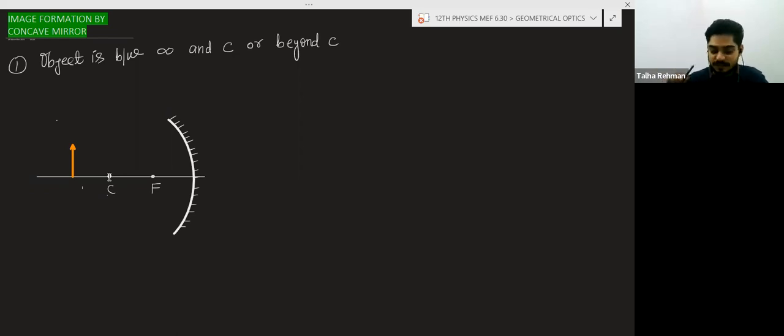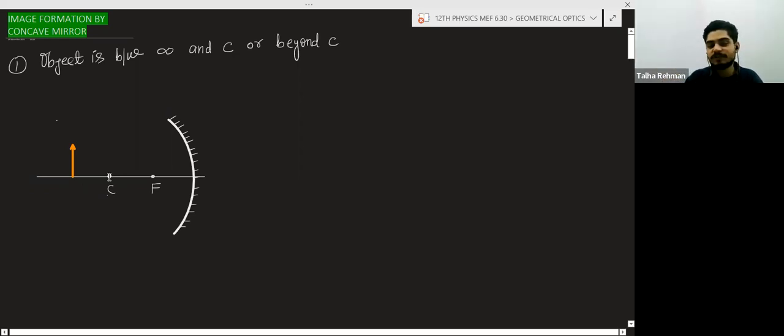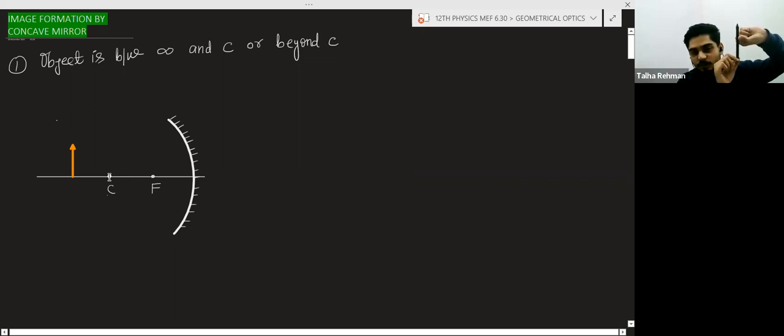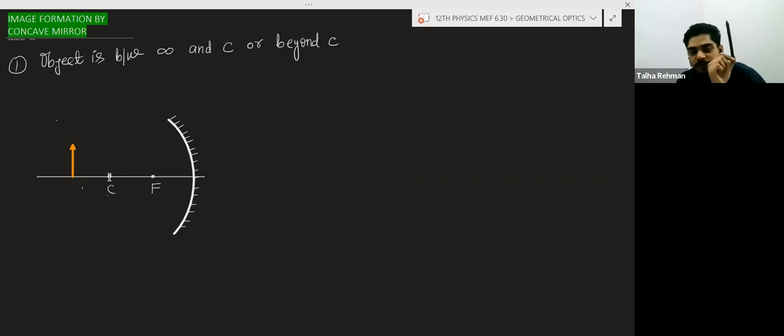This is explained by the concept of luminous and non-luminous objects. This pen is a non-luminous object. This pen gives the light, but it does not have its own light. Like the sun has its own light, a bulb has its own light, a star has its own light. The moon does not have its own light. This pen is also a non-luminous object.